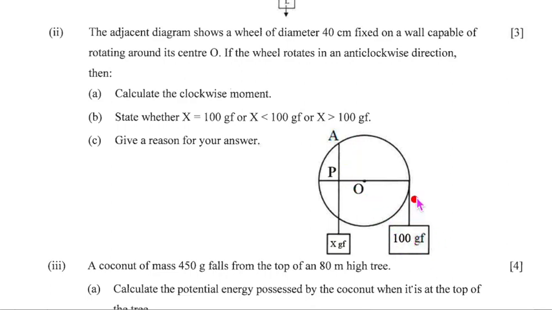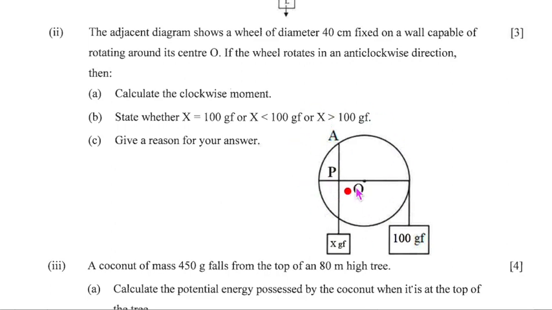This is your 100 GF, and if this is 40 centimeters, from here to here it's going to be 20 centimeters. So this is going to give us clockwise moment, and 100 into 20. So this is doable. Now some of you may get a little confused over here, but no problem. State whether this X is more or less or greater than 100 GF.